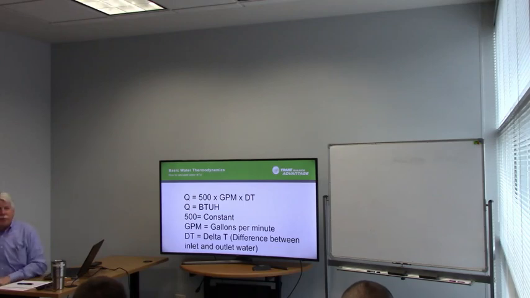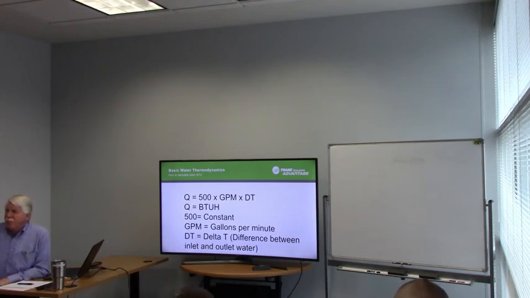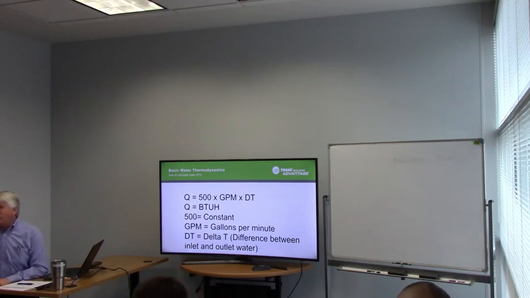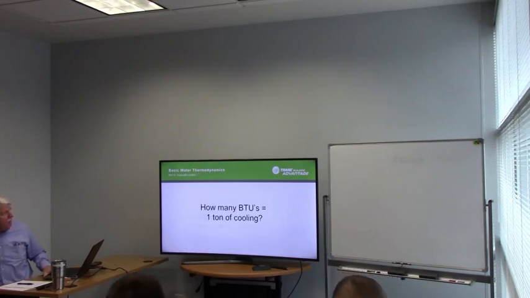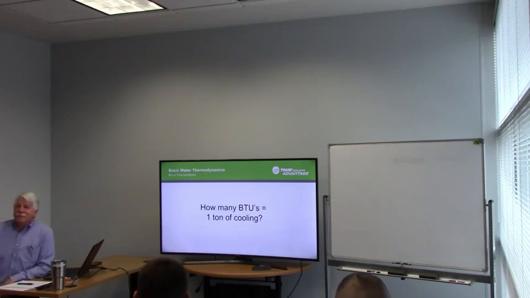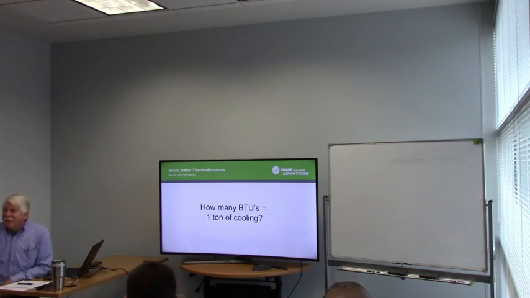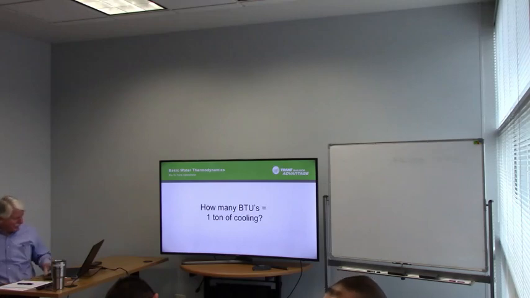So, everybody got their phones? Get your phone out. Oh, I got one more formula. Who doesn't know this? Okay, I want everybody to say at the same time. 1 ton of cooling is 12,000 BTUs.